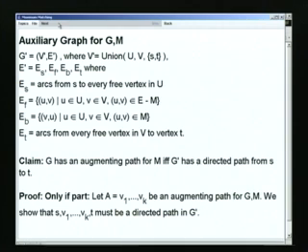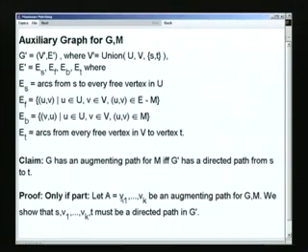The only if part says that suppose G has an augmenting path, then G prime must have a directed path from S to T. So, let A be an augmenting path for G with matching M. Then we must show that S, V1 to Vk, the same path, but in the graph G prime, must be a directed S to T path.